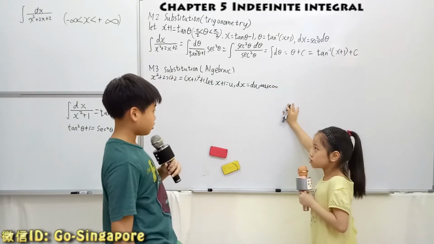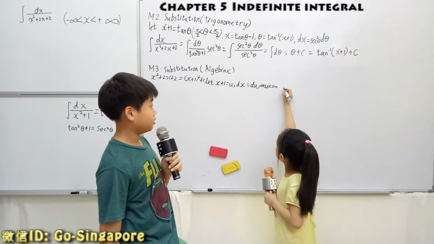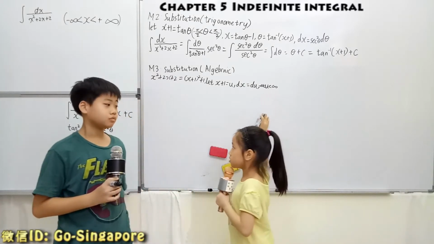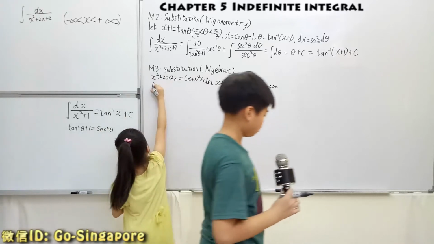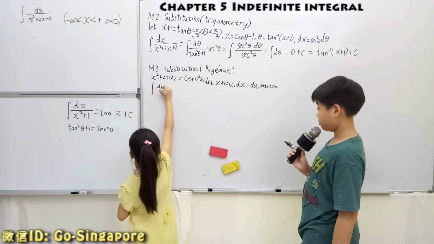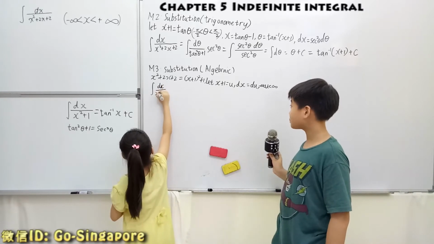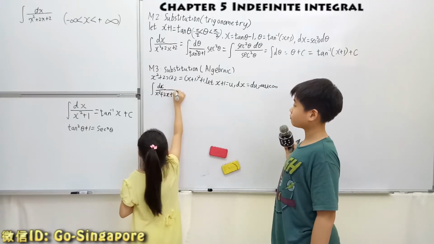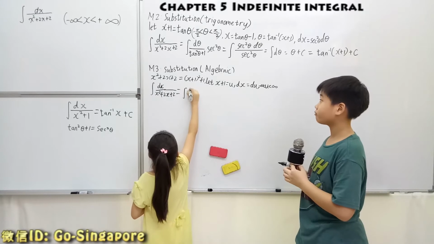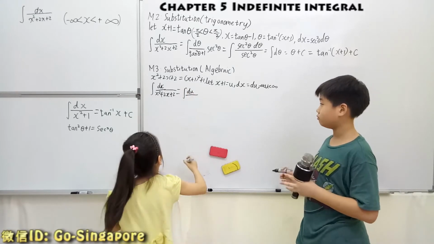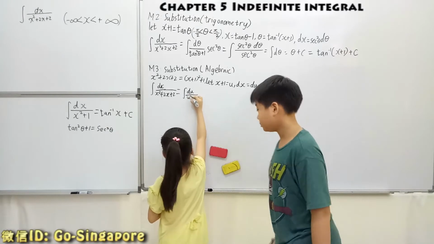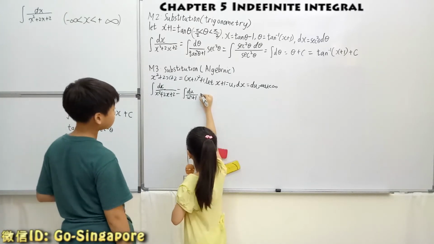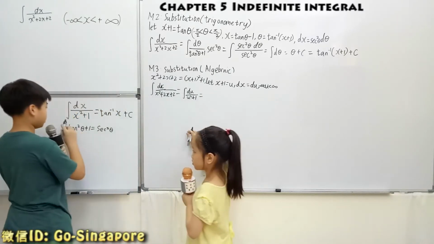Something like this. So the u must be bigger than negative infinity and smaller than the positive infinity. Yes. So now we can sub it in, right? Yep. So like this, you'll use this formula again, right?